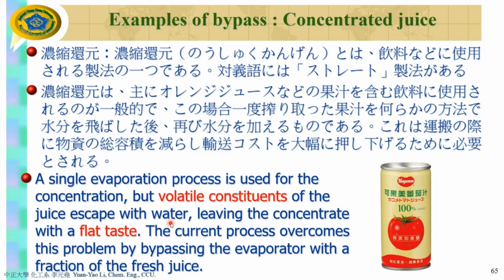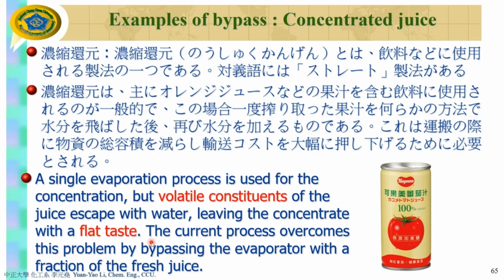At that time, when you taste the juice, you might feel it's different from the fresh juice. Why? Because volatile constituents of the juice escape with the water. Some small molecules come out once you concentrate the juice. That's why it has a kind of flat taste. The taste doesn't feel good.